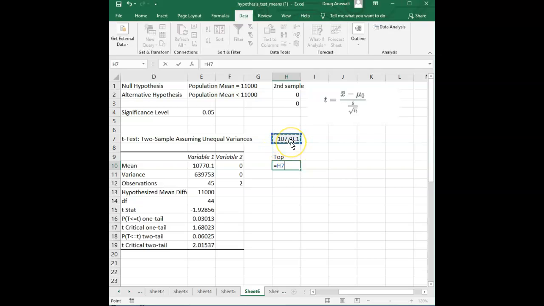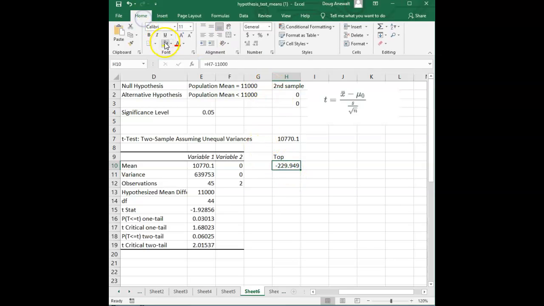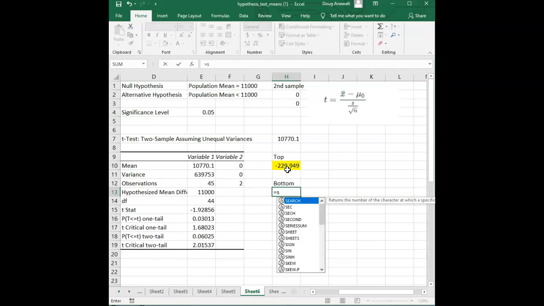You get the sample mean, and you subtract your null hypothesis for what you're assuming the population mean is, and that is what goes on top of this calculation. To get the bottom, you get your sample standard deviation.